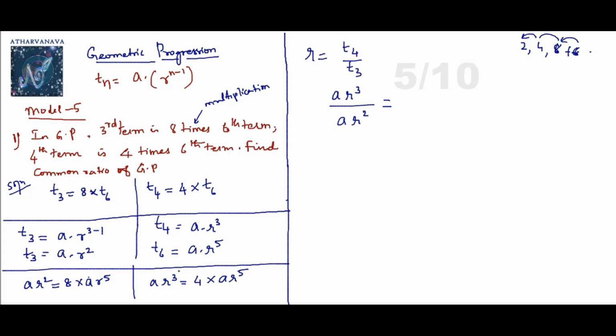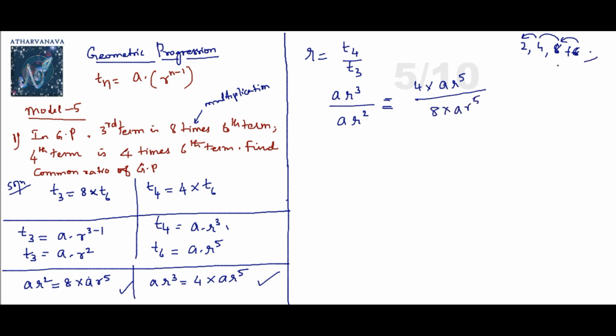When you are writing this format, let us understand that in place of T4 and T3 I am placing them, as well as writing their equivalents. T4 is 4 into ar power 5, by 8 into ar power 5.